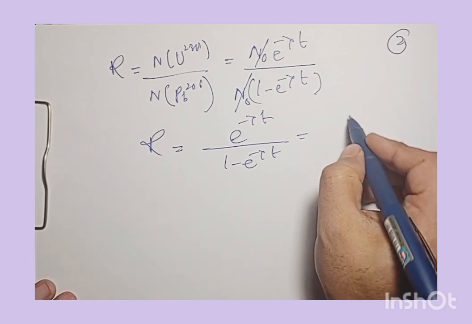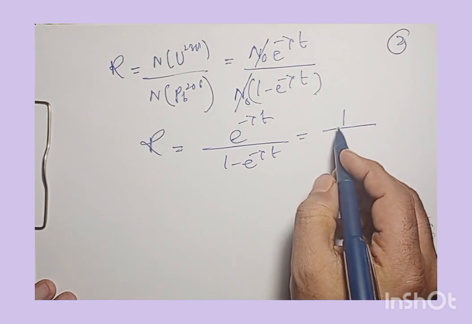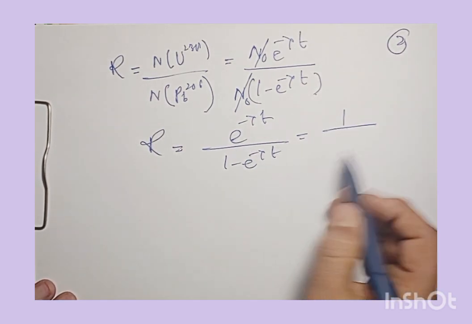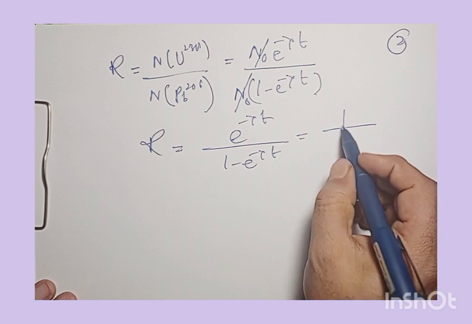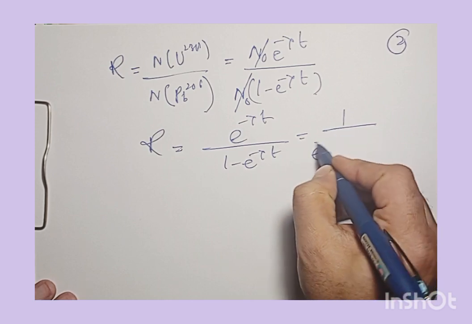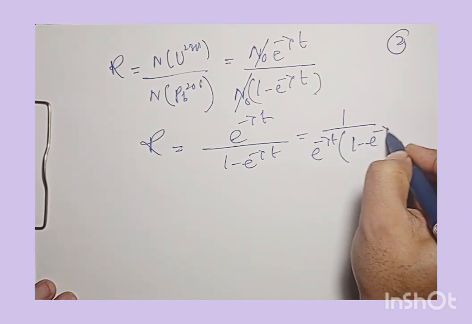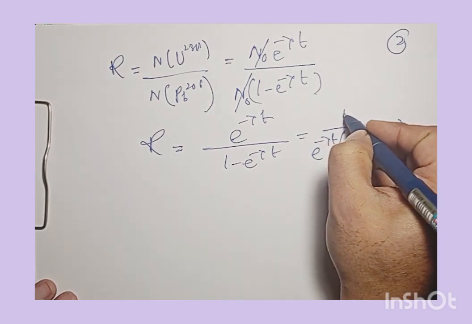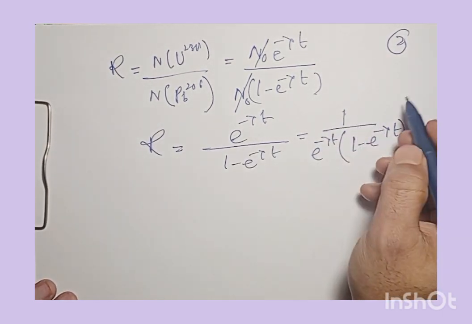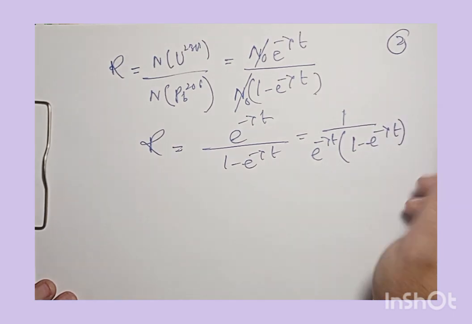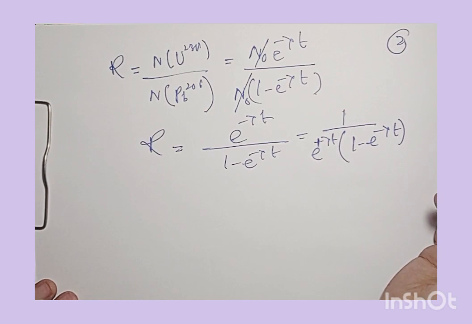I would like to divide the numerator by e to the power of minus lambda t, and I will get 1, and the denominator also by e to the power of minus lambda t. Here what we have done is we have divided the numerator, and we have multiplied and divided by e to the power of lambda t.